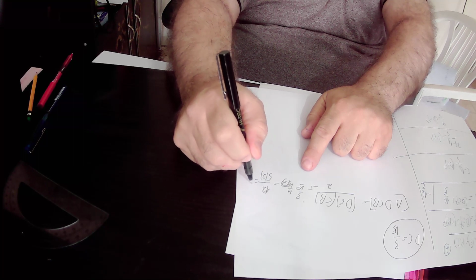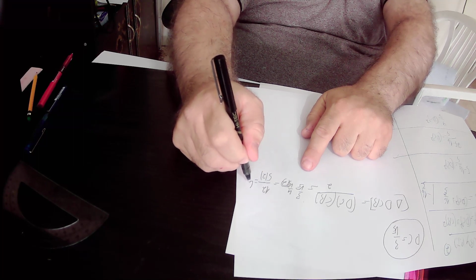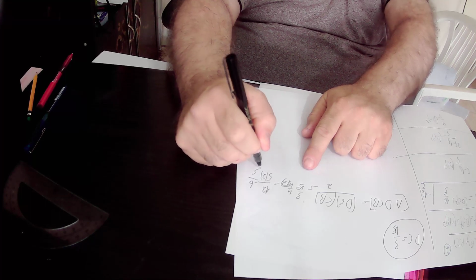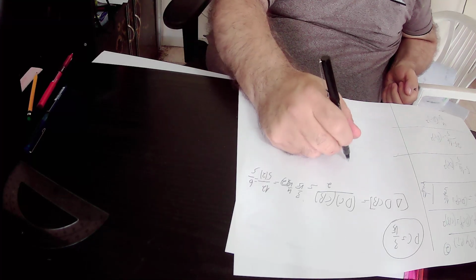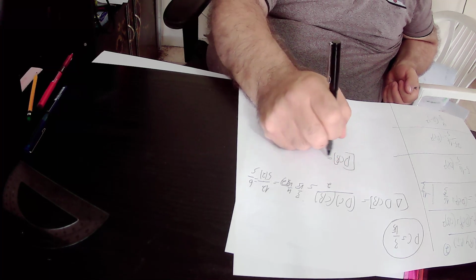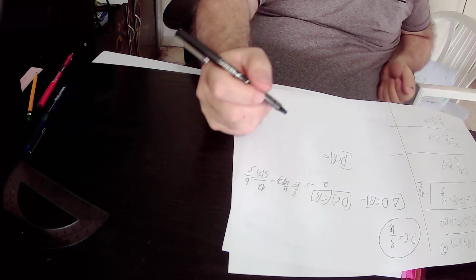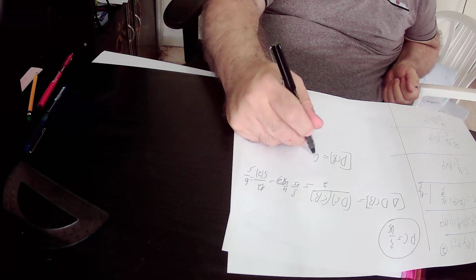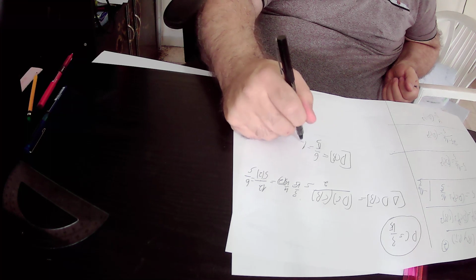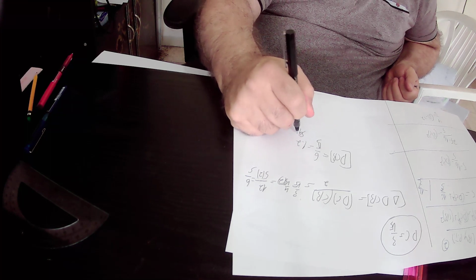So 12 over 2 is 6. In the numerator we have 6 only. In the denominator we are left only with 5. So in conclusion, we found out that the area of the right blue triangle, triangle DCB equals either 6 over 5 square units, or in terms of numbers it is equal to 1.2 square units.